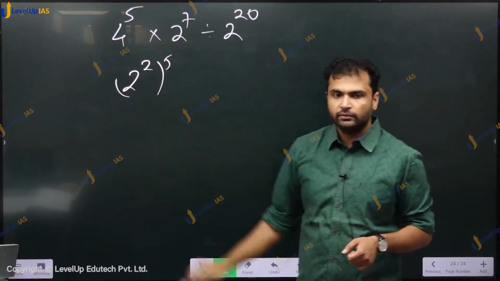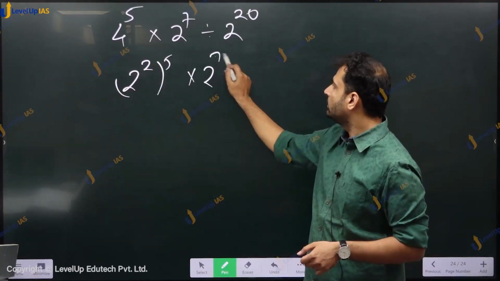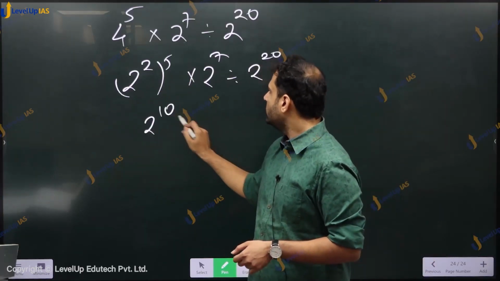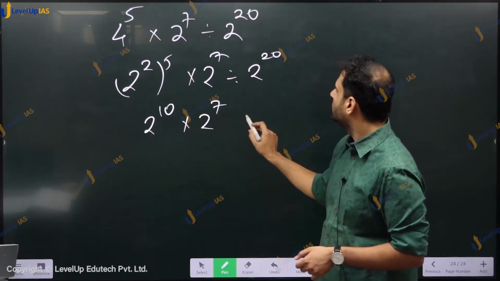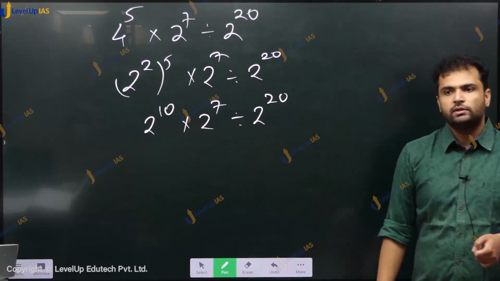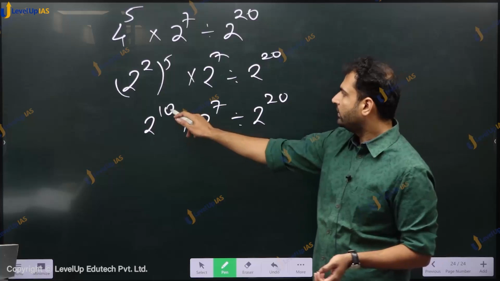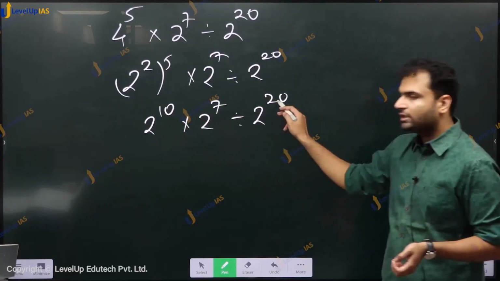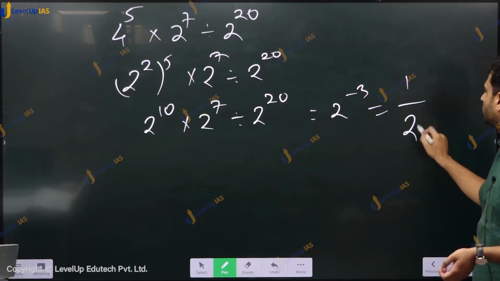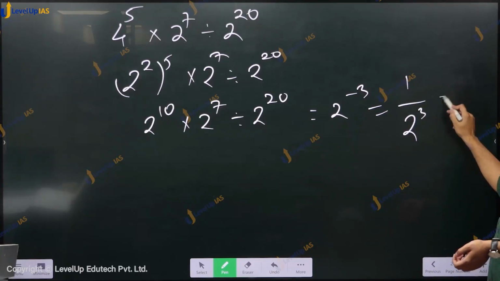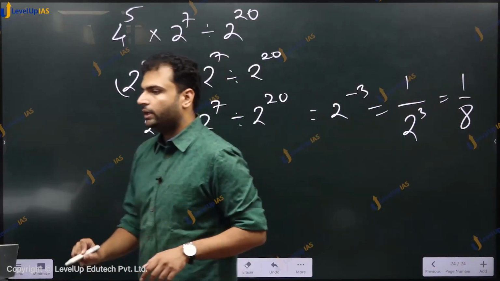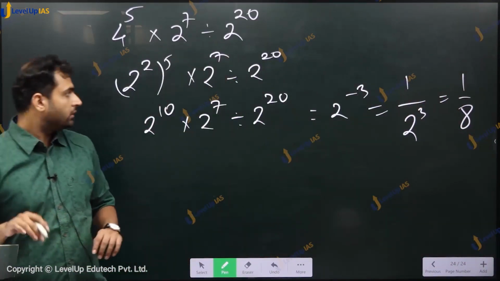This is 2 raised to 10 into 2 raised to 7 divided by 2 raised to 20. Now base is same. सीधा ऐड सब्ट्रैक्ट कर सकते हैं. 7 plus 10, 17 minus 20, 2 raised to minus 3 or 1 by 2 raised to 3. 2 raised to 3 is 8. We can write it as 1 by 8. Okay.